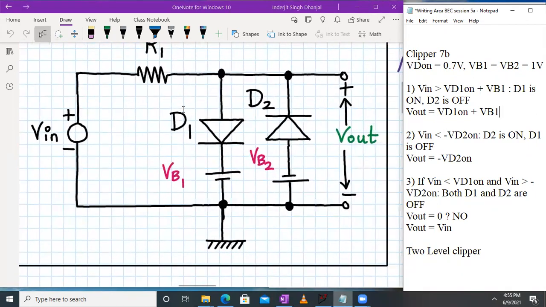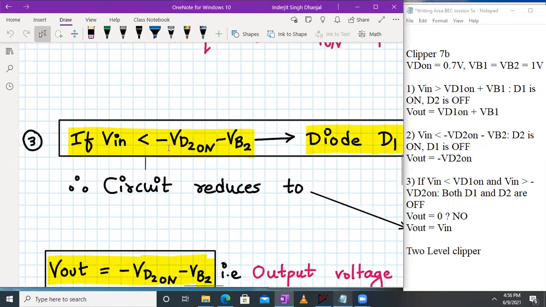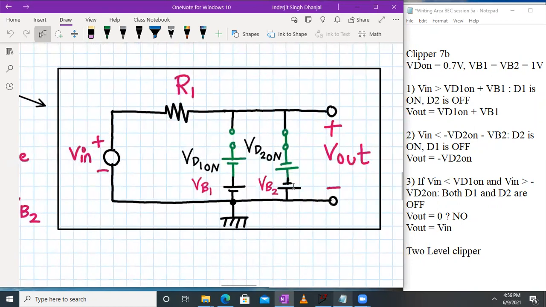Now what is the next condition? When will diode D2 be on? D2 will be on whenever Vin is less than minus VD2 on, if VB2 was 0. Now with the inclusion of VB2, it is opposing diode D2 to turn on. That means that much extra voltage we have to apply, so that will be minus VB2. Whenever Vin is less than minus VD2 on minus VB2, then diode D2 is on and D1 is off. Your equivalent circuit will be like this.